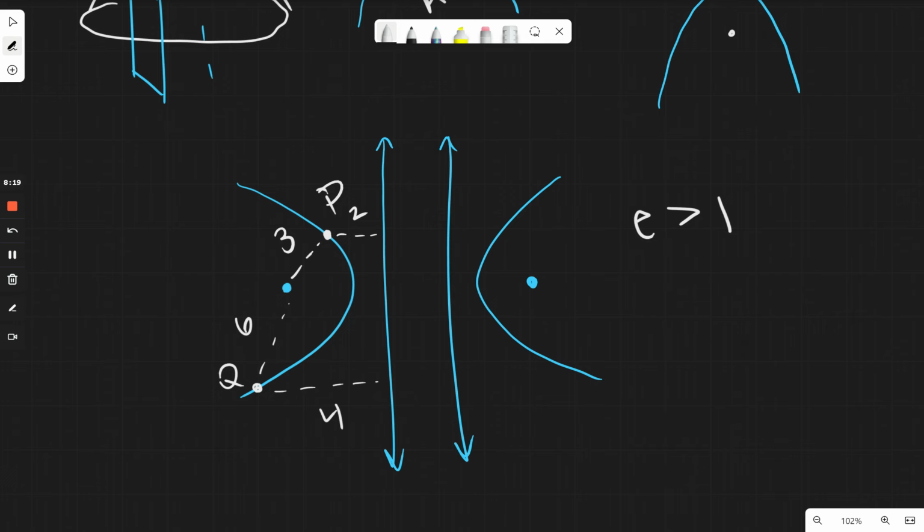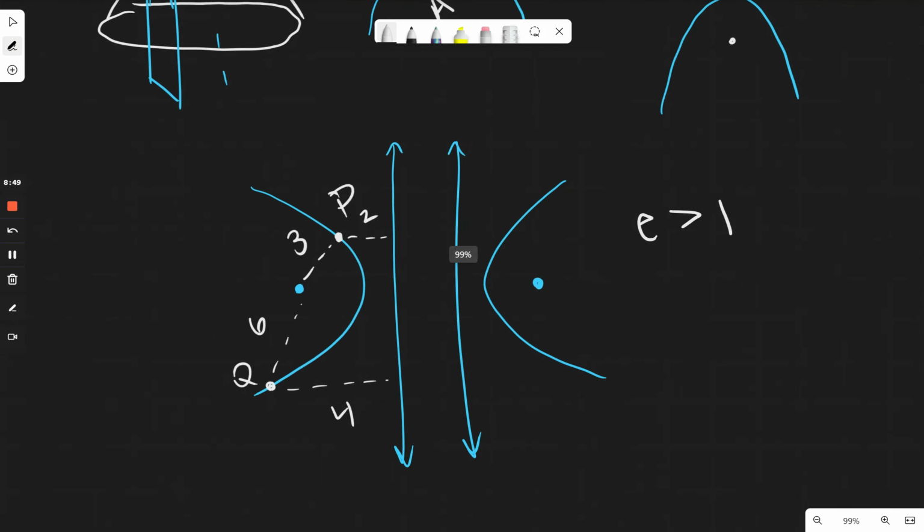And that's also really important because hopefully, if you've seen my other video on ellipses, circles and parabolas, you should know that the eccentricity for an ellipse has got to be less than 1. The eccentricity for a parabola is 1, and the eccentricity for a hyperbola is greater than 1. So if you know what the eccentricity of a conic is, you can identify that conic, which is super helpful.